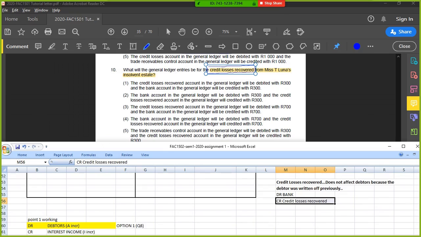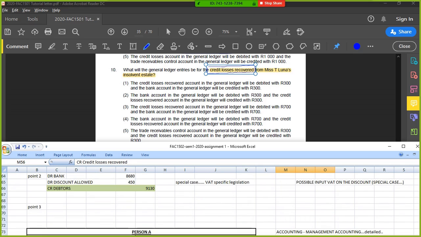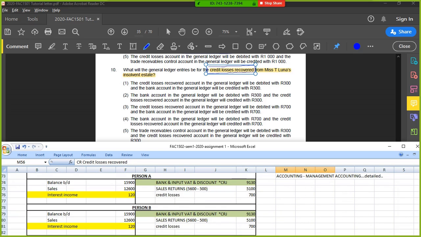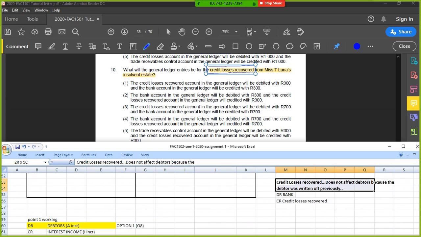Okay, let's write a note about this. Credit losses recovered only happens once you've written someone off. Okay, that can't apply to Luna. It must apply to Singh. Question 10, wording incorrect. Luna wasn't previously written off.